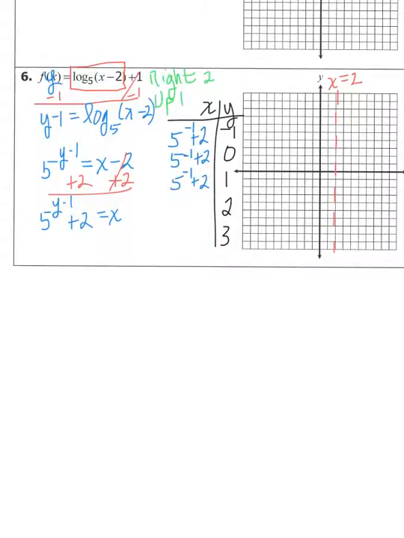Okay, so we're going to put in a -1, a 0, a 1, a 2, and a 3.